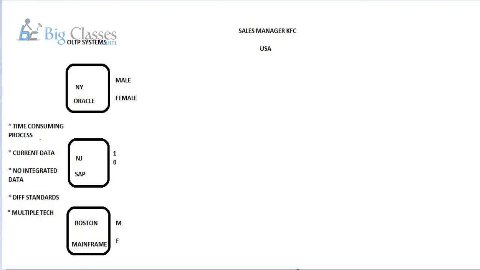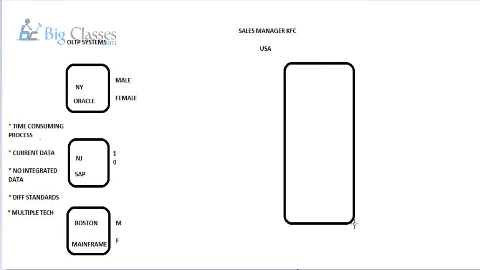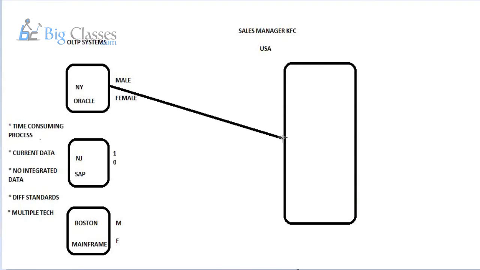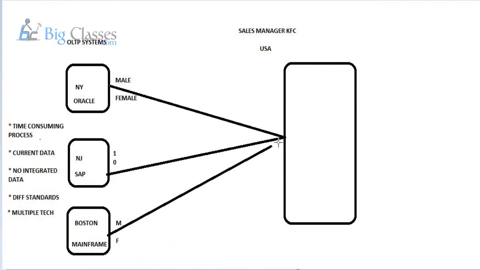So because of all these disadvantages, if I have to analyze my business, how can I do that? For that, I'm going to build a very big database. I'll extract the information from every OLTP system, I'll transform the data, and I'll load the data into a very big database which is called a data warehouse.